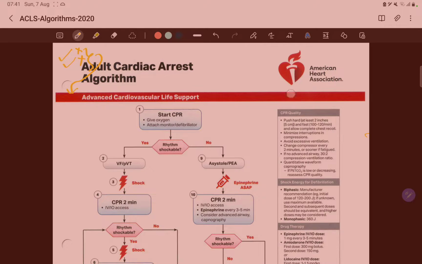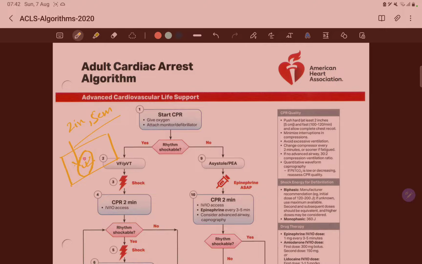Now about compression, I want to say a few more words. Compression should be about 2 inches or 5 centimeters deep. Suppose this is a body; the compression should be at least that deep. We are actually doing the work of the heart.